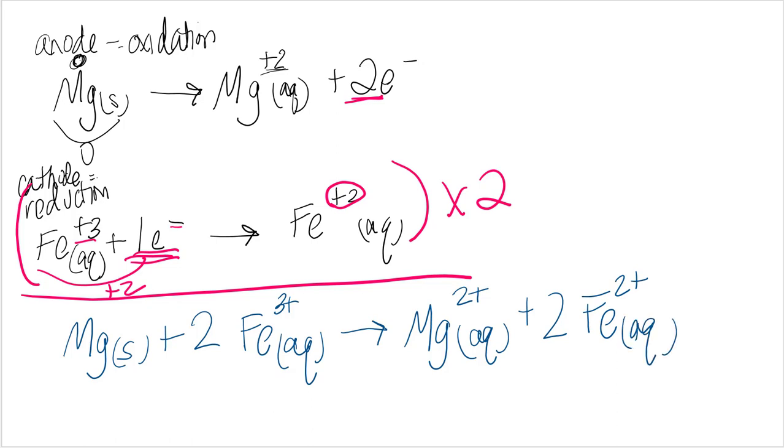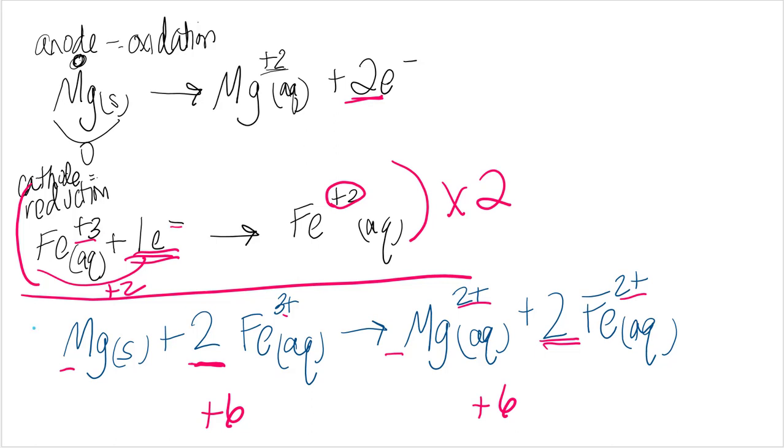All right, let's make sure that everything is balanced. I've got 2 irons, 1 magnesium, 1 magnesium. Let's make sure that our charge is balanced. And I've got 2 3-pluses, so I've got +6 on the left. And I have 2 2-pluses, so that's +4 plus a +2, so +6. So I'm balanced as far as atoms and charge.